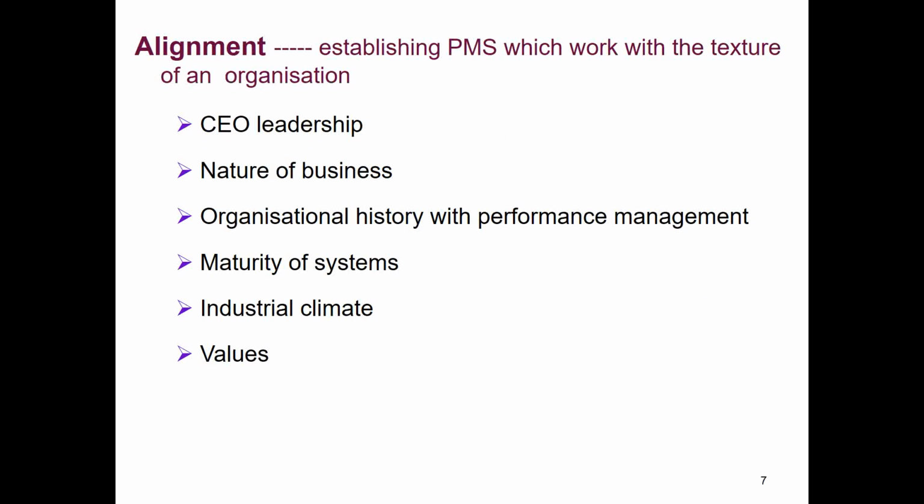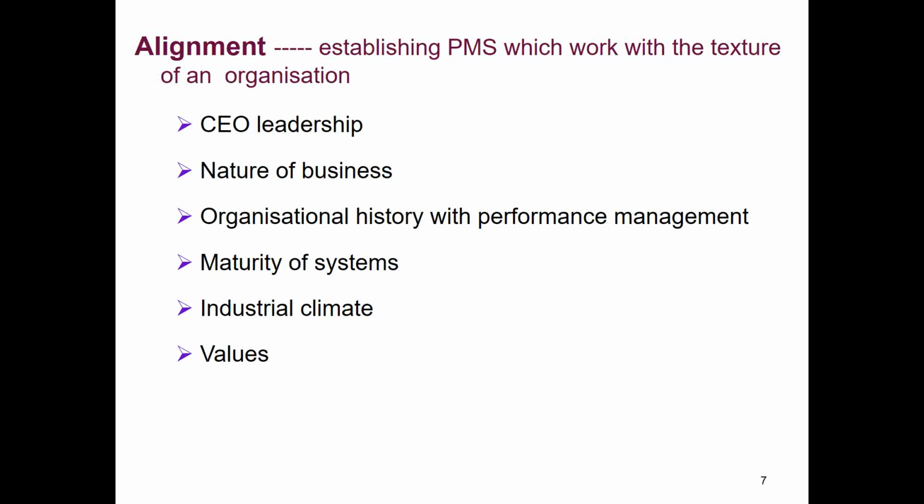So alignment includes CEO leadership, taking into consideration the nature of the business, and considering the organization's history when designing or revising the performance management system, the maturity of the system in which the organization operates, and also the maturity of the performance management system that has been applied in the organization.